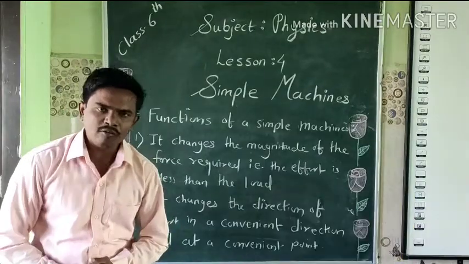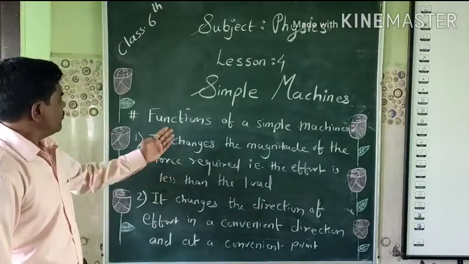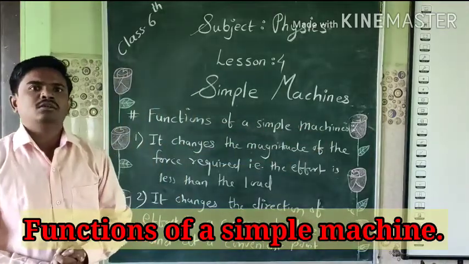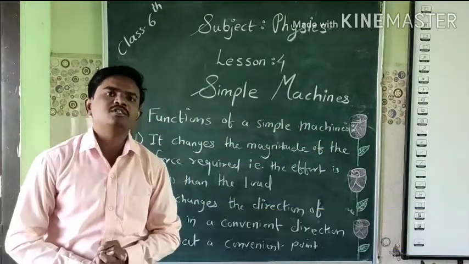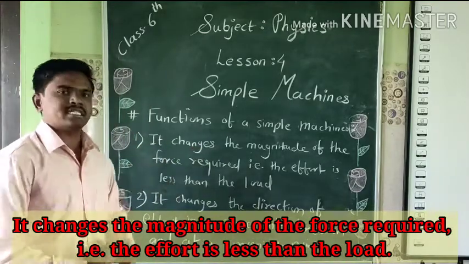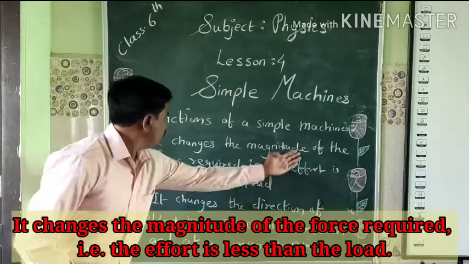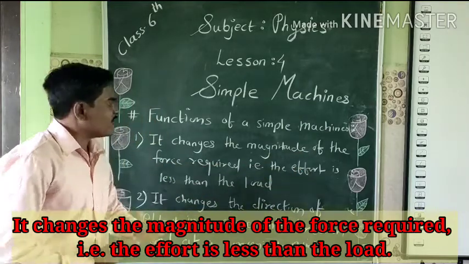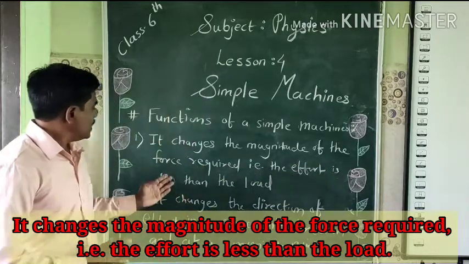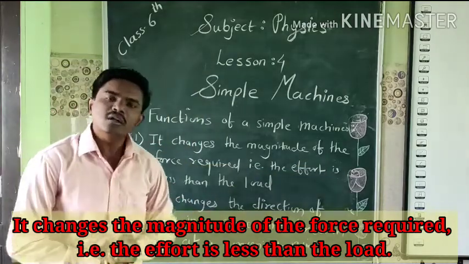Students, now we will talk about the functions of simple machines. There are two functions of a simple machine. First, it changes the magnitude of the force required. That is, the effort is less than the load.